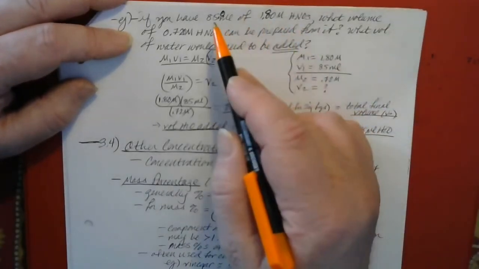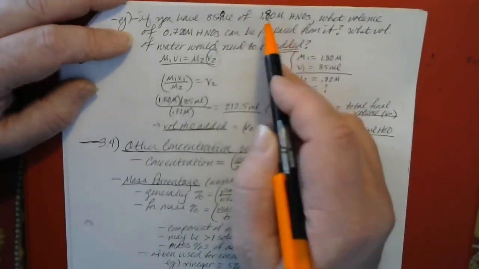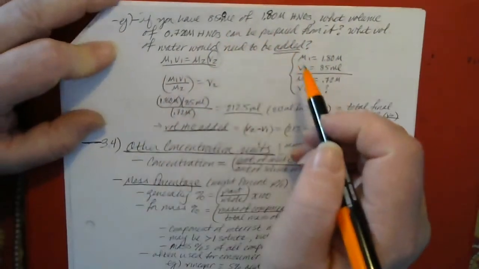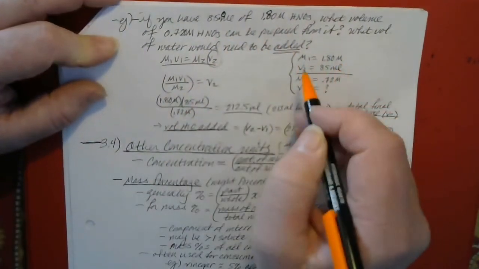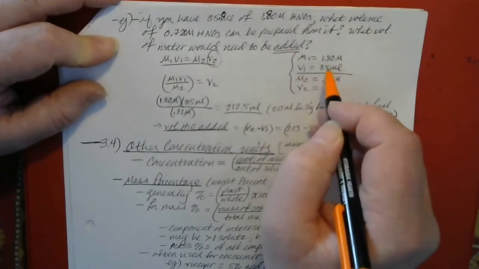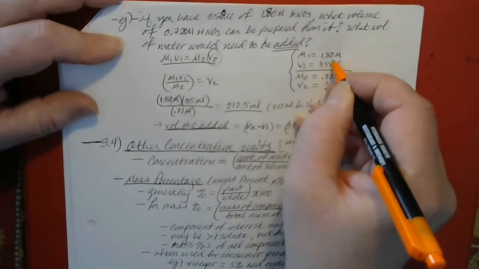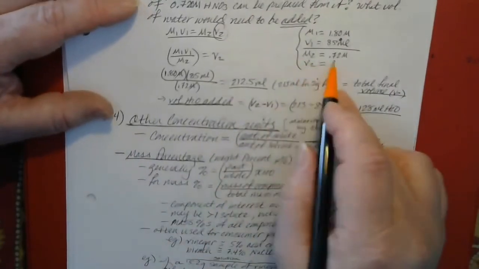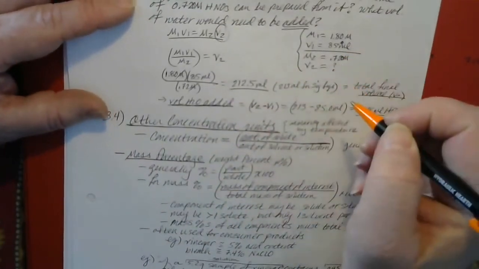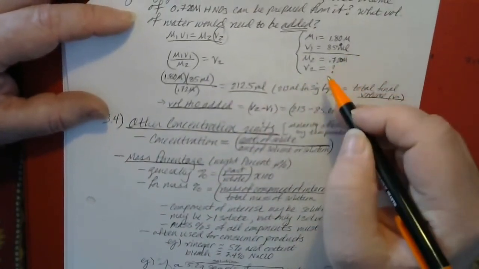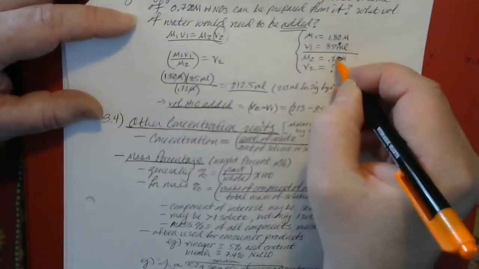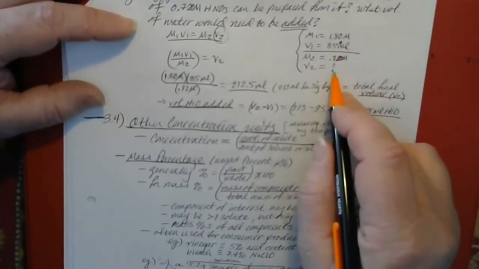What you've got right now is the 85 milliliters of 1.8 molar HNO3. So M1 is 1.80 and V1 is 85.0. That 0.0 is there in spirit at least. And M2 is 0.720, and V2 is the unknown.